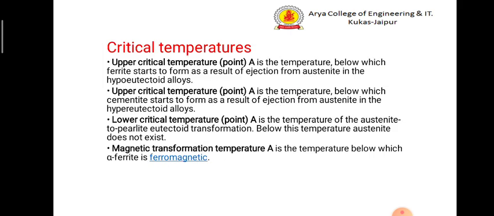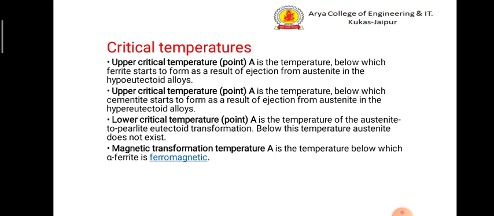Critical temperatures. Upper critical temperature point A3 is the temperature below which ferrite starts to form as a result of ejection from austenite in the hypoeutectoid alloys. Upper critical temperature point ACM is the temperature below which cementite starts to form as a result of ejection from austenite in the hypereutectoid alloys.